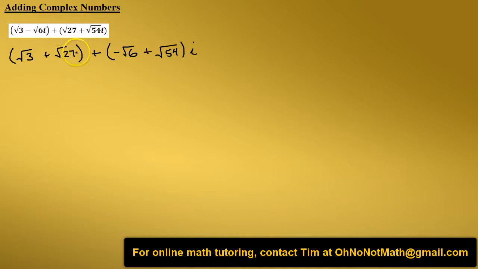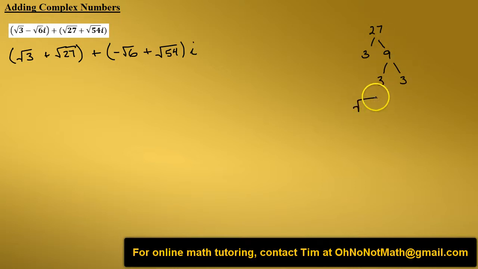Okay, we can simplify the square root of 27. Let's rewrite 27 in terms of its prime numbers so we can identify the perfect squares, so we'll know what we can pull out from under the radical. So let's write 27, make a factor tree. 3 goes into 27 9 times. 3 goes into 9 3 times. So 27 is 3 times 3 times 3, right?